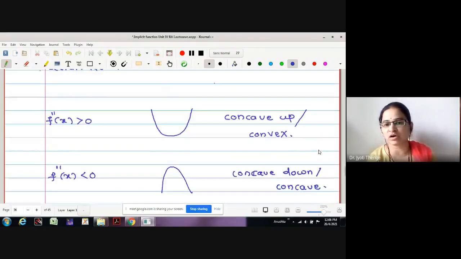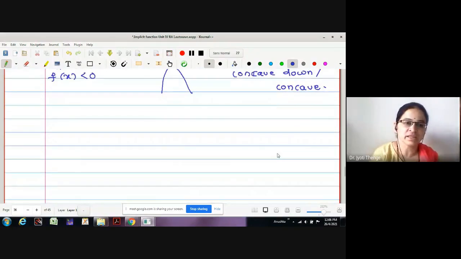If I want to write convex function and concave function in mathematical language, let me write the definition for the convex function.